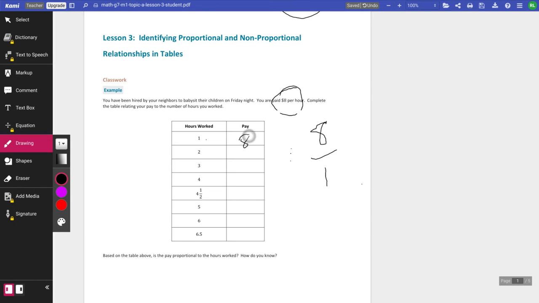So for one, 8. For two, I'm sorry, it's not 8. Why did I write 8 there? For two, it is going to be 16, right? Because I'm just doing times 8, times 8, times 8 all the way down here. So 24, and I'm going to skip down to the bottom.